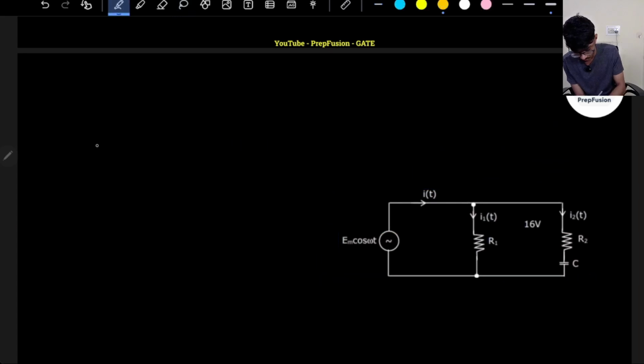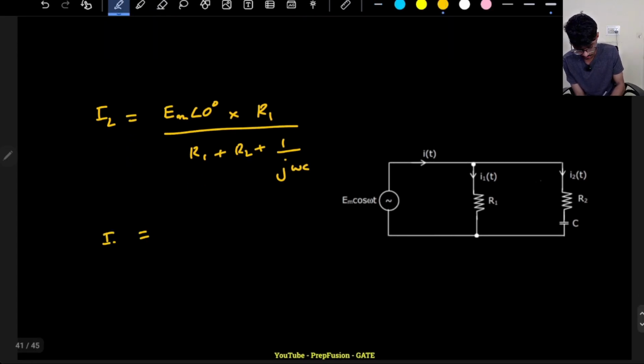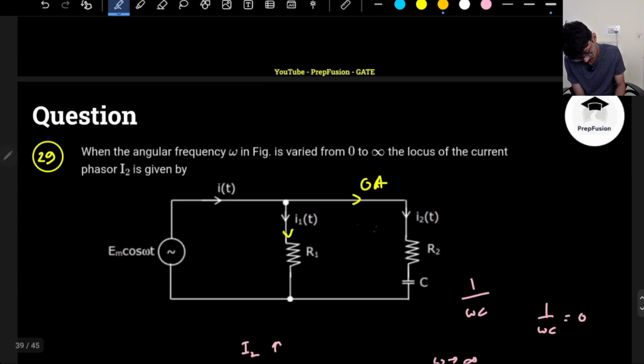The I2 current is equal to, with my phasor E angle 0, a simple current divider: opposite upon the total sum, that is R1 plus R2 plus 1 by j omega C. This is my I2 current. They have asked us to plot I2.